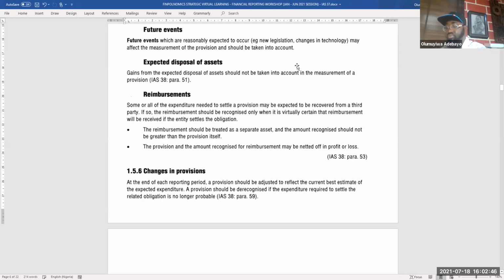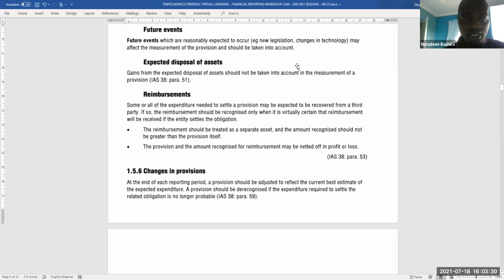Future events. Future events which are reasonably expected to occur, e.g. new legislations, changes in technology, may affect the measurement of the provision and should be taken into account. Expected disposal of assets. Gains from the expected disposal of assets should not be taken into account in the measurement of a provision. IAS 37, paragraph 51. Reimbursements. Some or all of the expenditure needed to settle a provision may be expected to be recovered from a third party.